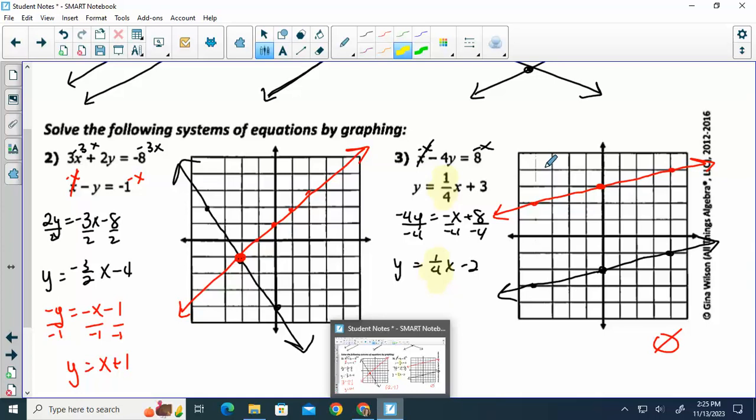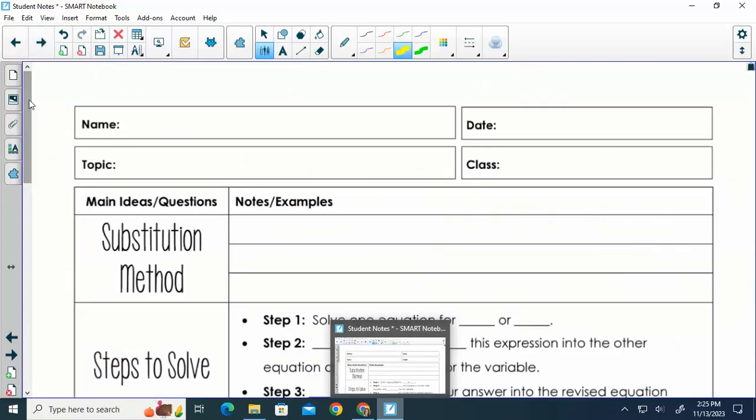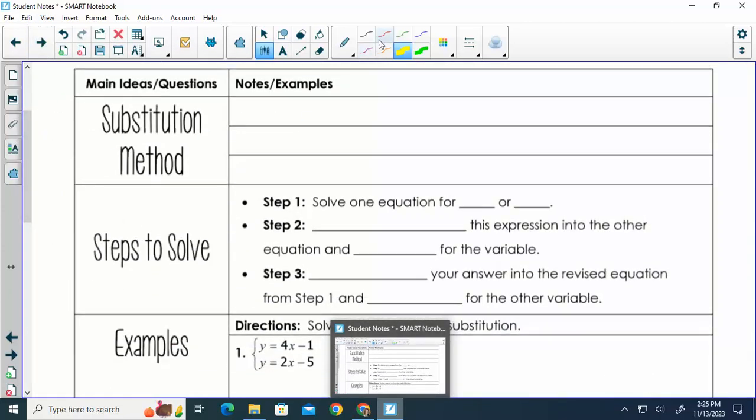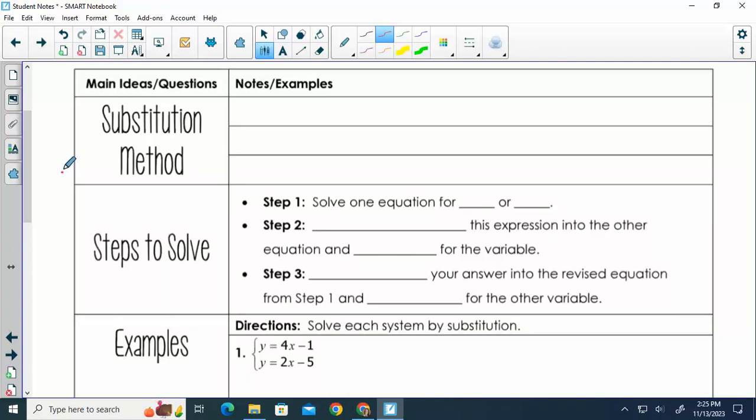If you would go to your binders, we should be on the next notes page now. So we've looked at the graphing. Basically, you look at a graph, find the points where they meet. That's your solution.